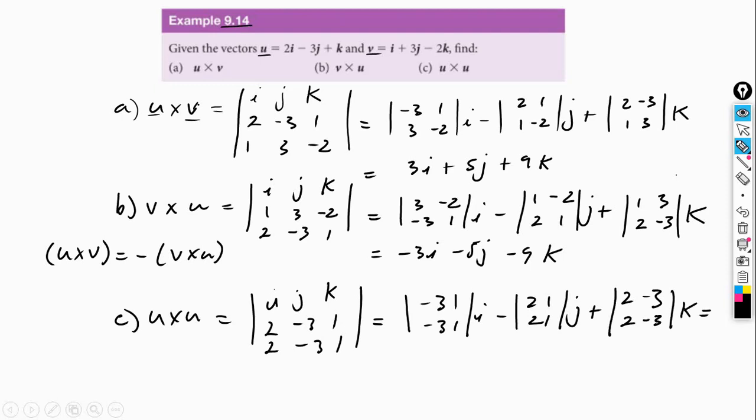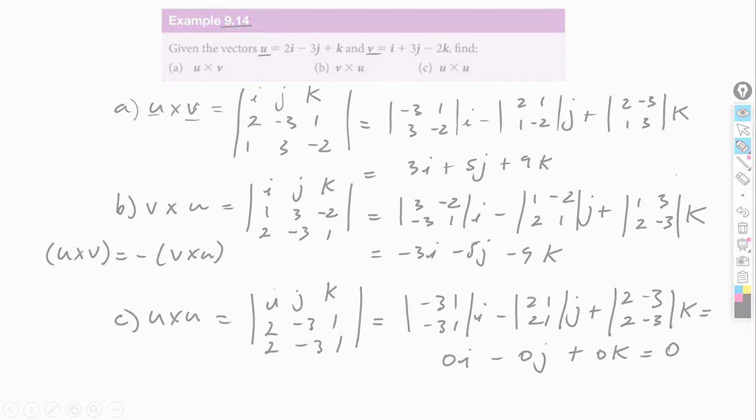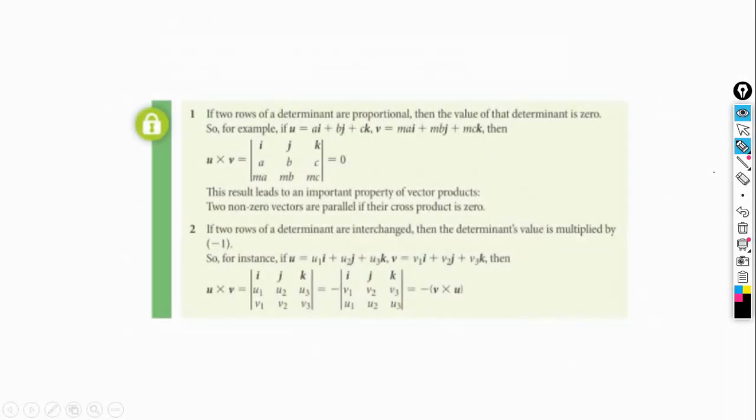If you do these cross multiplications, they're all going to be 0. This is going to be 0i, 0j, and 0k. Therefore, this equals 0, and this is another property of the cross product of vectors, which we're going to talk about next. So in the next slide, you're going to find these properties.